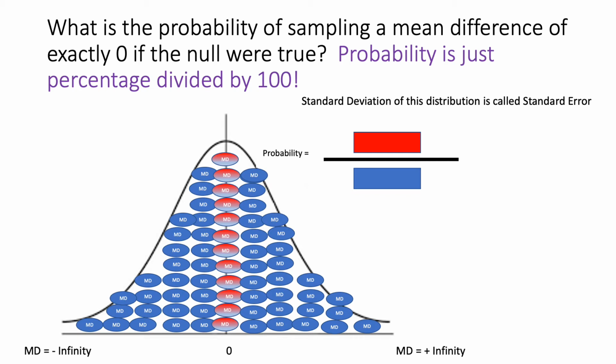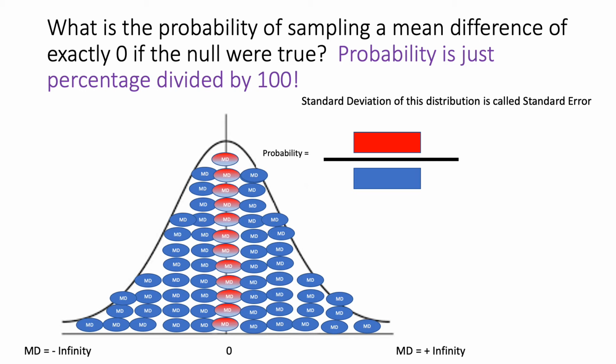Okay? So what's the probability of sampling a mean difference that is exactly 0 based on my visual representation of the null hypothesis being true, right? This is the random sampling distribution of mean differences when the null is true. It's a distribution of all possible mean differences that we could sample when the null is true. What's the probability of sampling a mean difference of exactly 0?